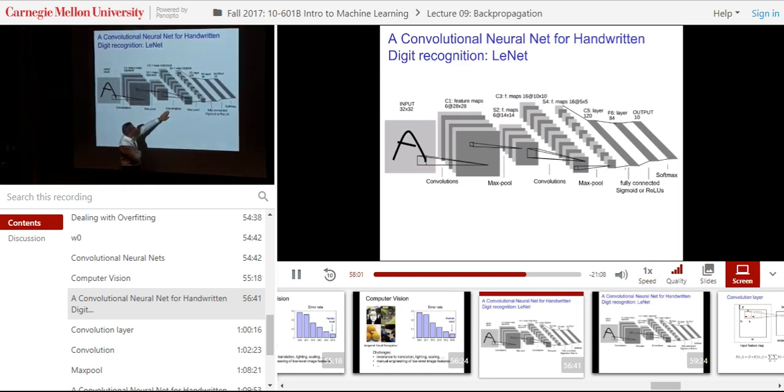But before that, it generally has stages of convolutional layers and max pool layers. And it starts with, in this picture, a 32 by 32 array of pixel values, and it learns sets of features that essentially create arrays of features at lower resolution.